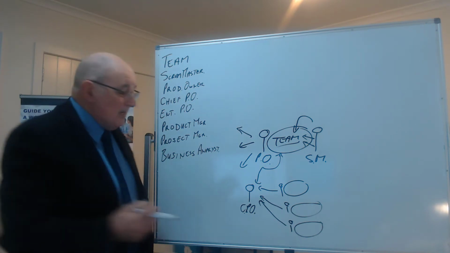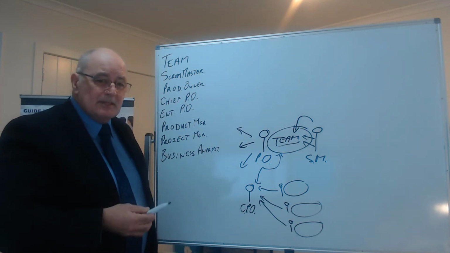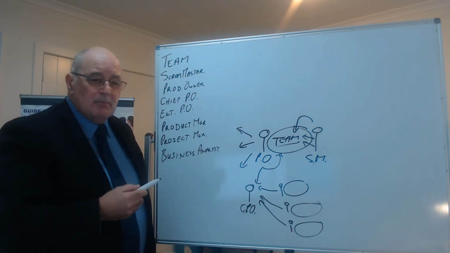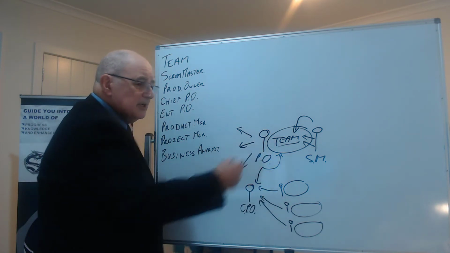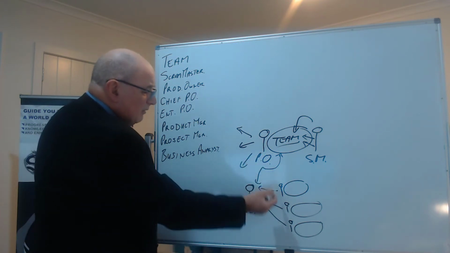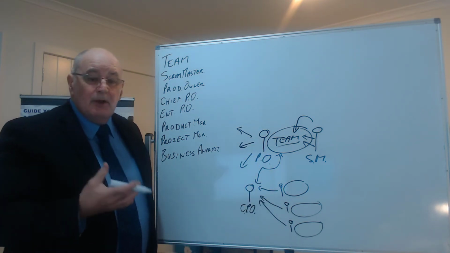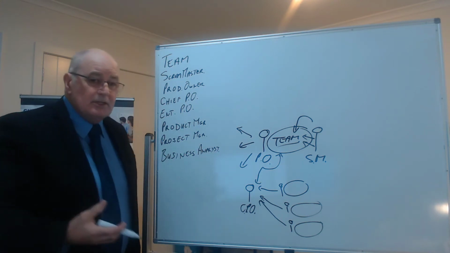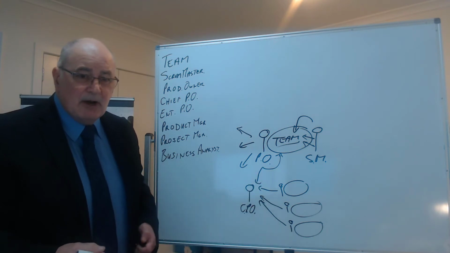Now that may be the senior product owner, or it may be somebody different, but the idea is that there's one person who makes a decision on what part of the backlogs go to which teams, what is the priorities over two conflicting teams here, and what they want to build, all that sort of thing, the decisions that need to be made at that level in a multi-team environment.